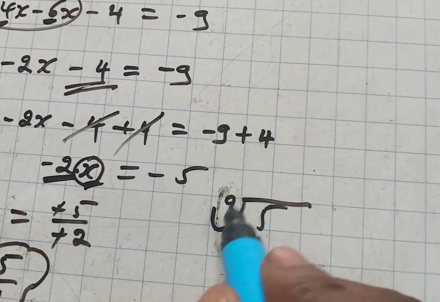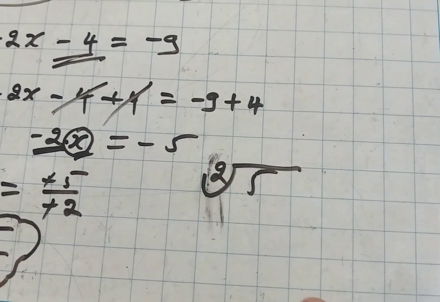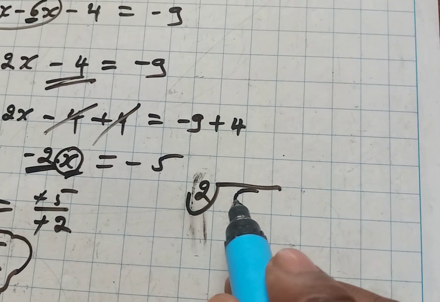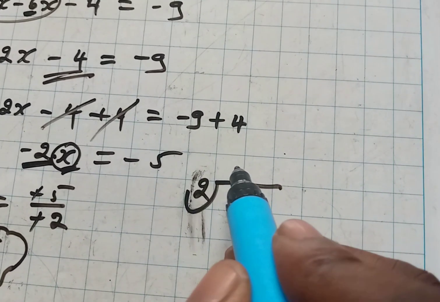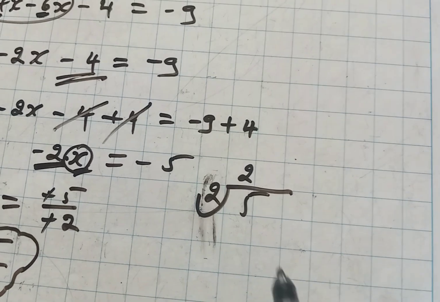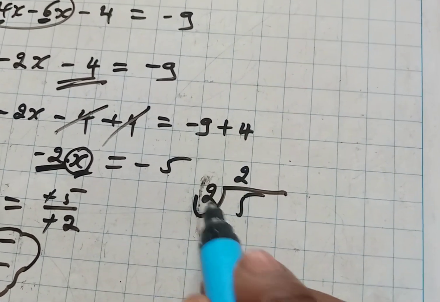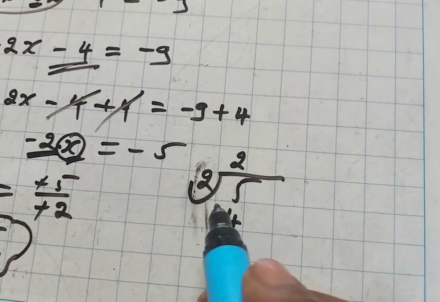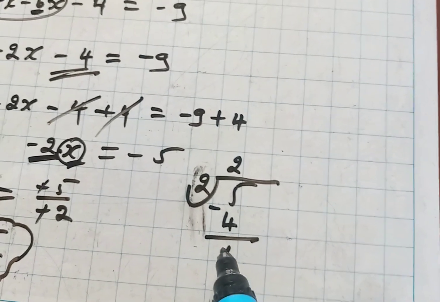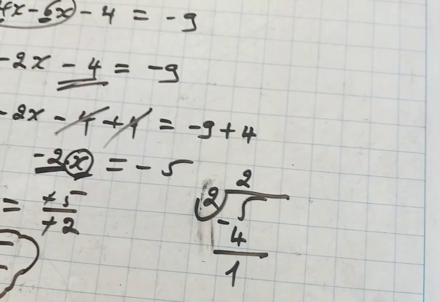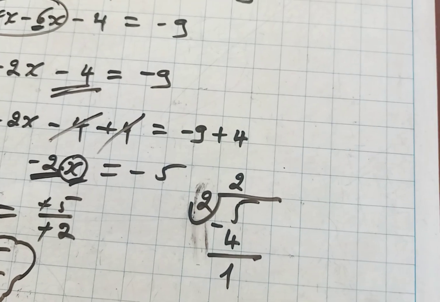5 divided by 2, right? Here we have 5 to be divided by 2. We have to put 2 here. Here we have 2 times 2 equal 4. Then minus, this is 1. 1 divided by 2 is impossible.